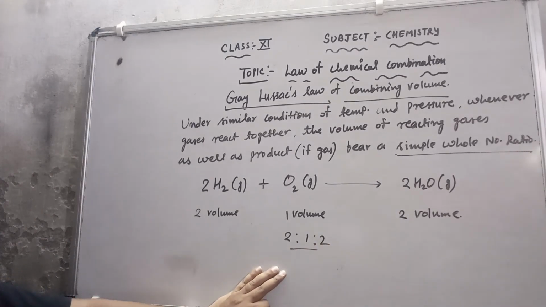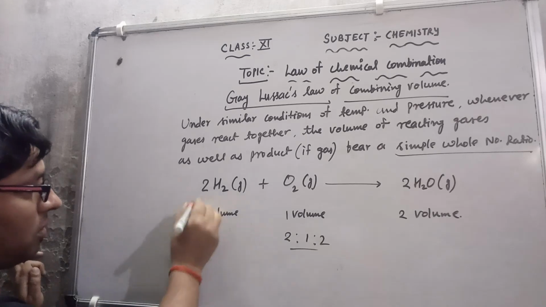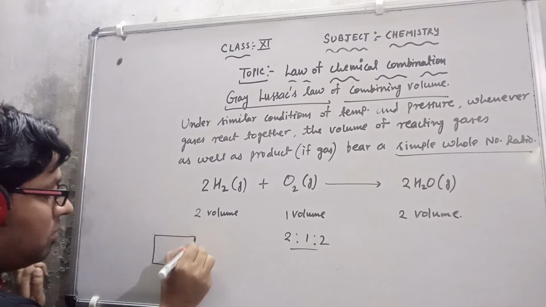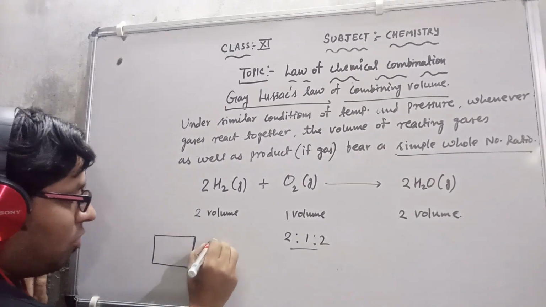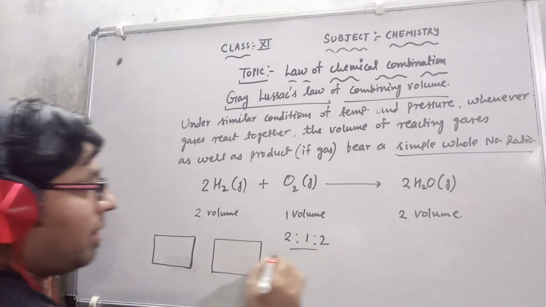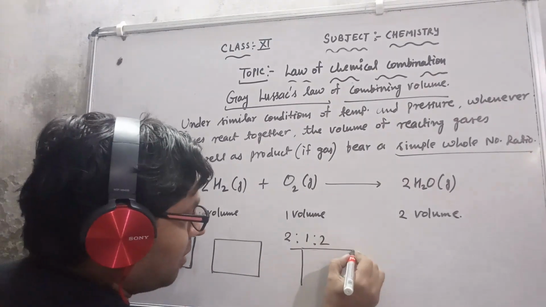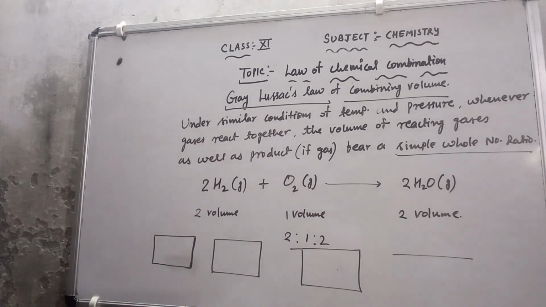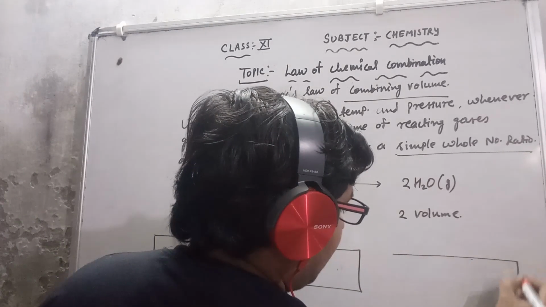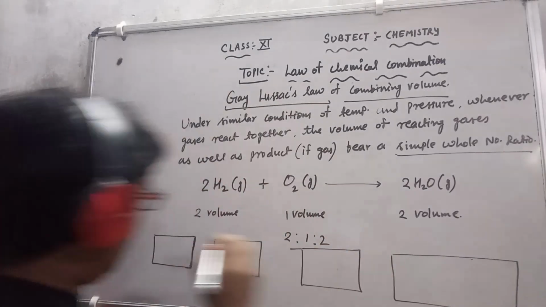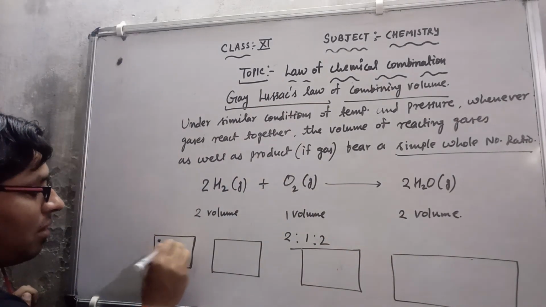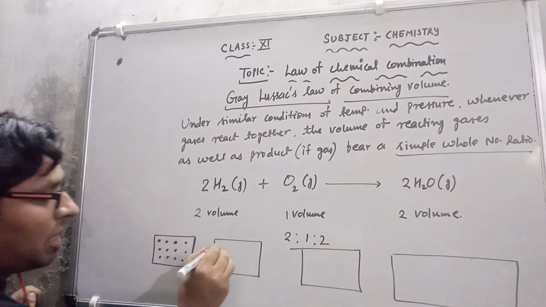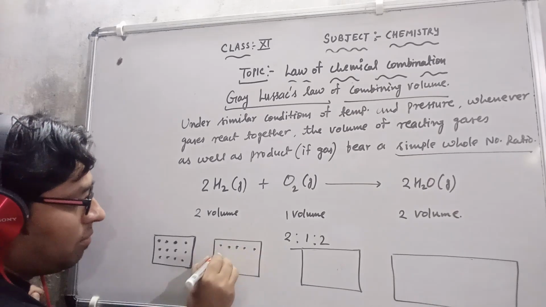Let's discuss another example generally. Suppose this is for hydrogen: one container of some volume, and another container of the same volume. In this container also I have hydrogen, 1 volume of hydrogen, and the other also 1 volume of hydrogen.